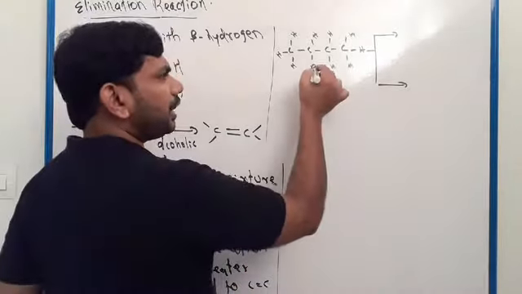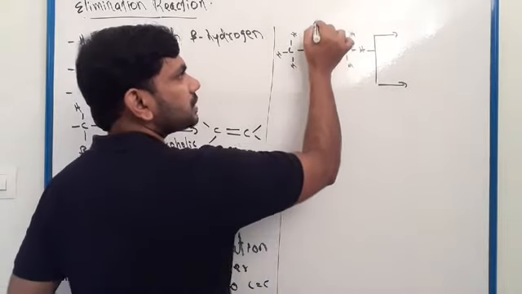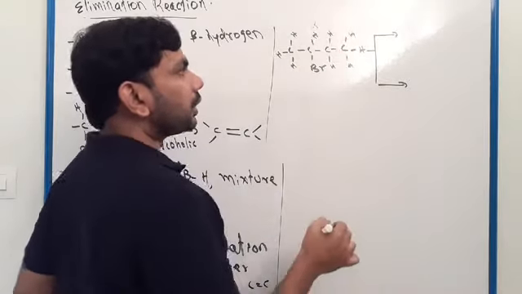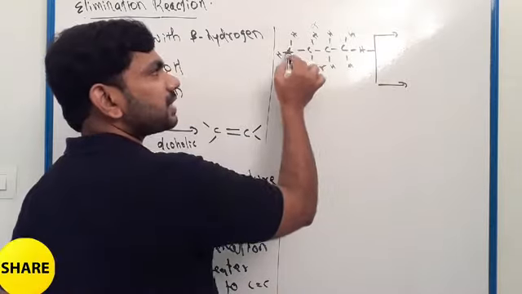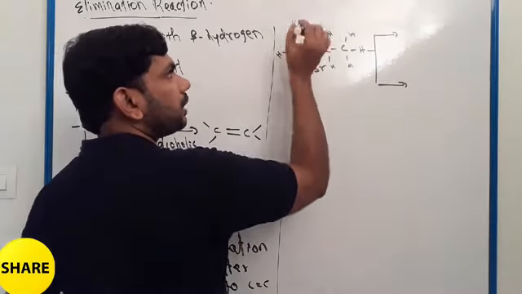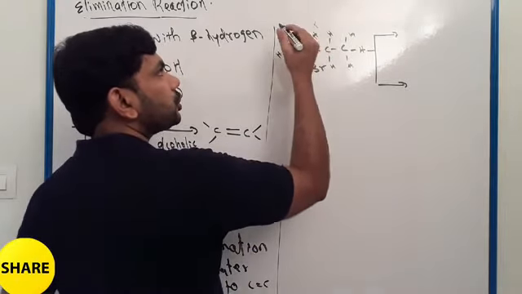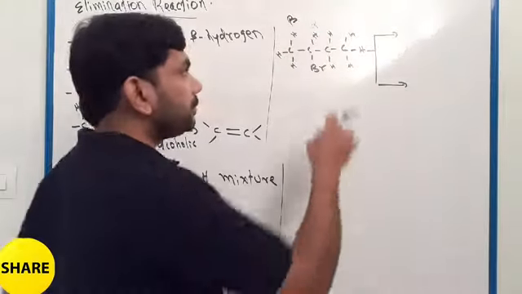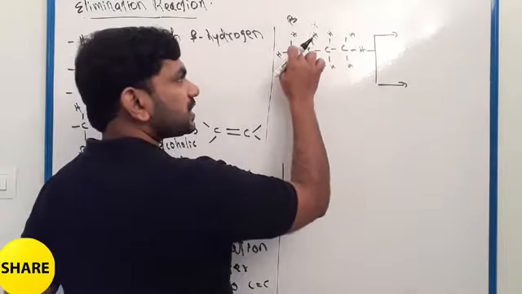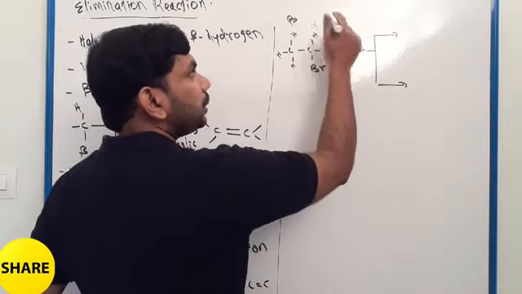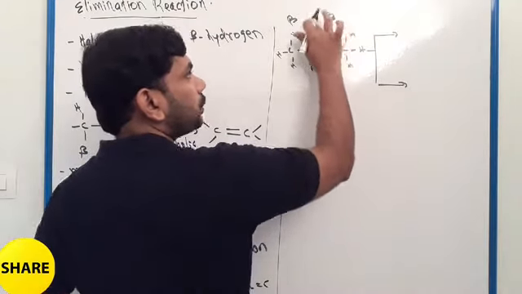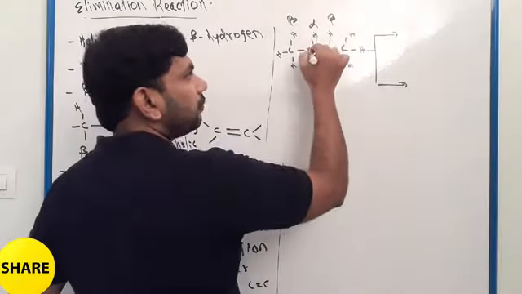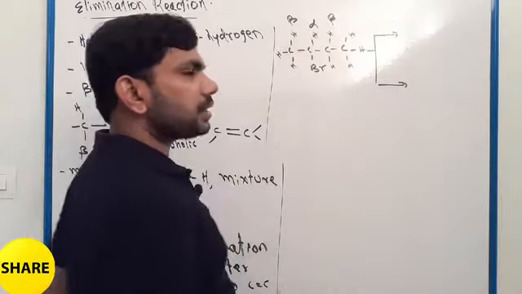The adjacent carbon is a beta carbon. So in this case there are 2 beta carbons: this is the alpha carbon, and this is a beta carbon, and also this is a beta carbon.